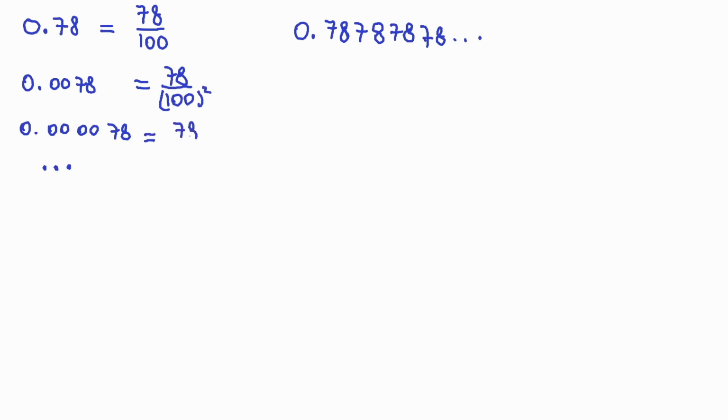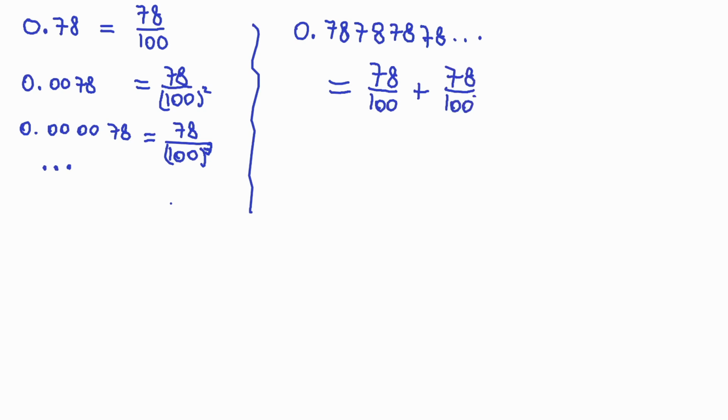And this is now 78 over 100 cubed, and so on and so forth. So what we're getting is that our number is equal to 78 over 100 plus 78 over 100 squared plus 78 over 100 cubed, etc.